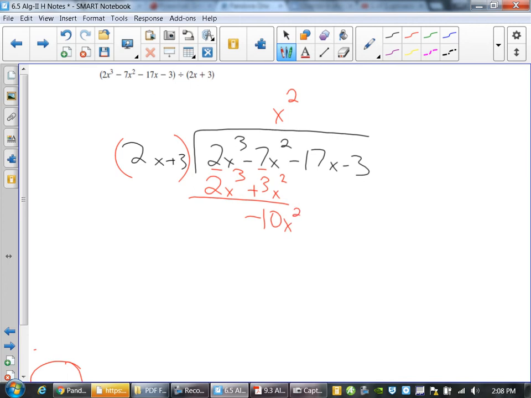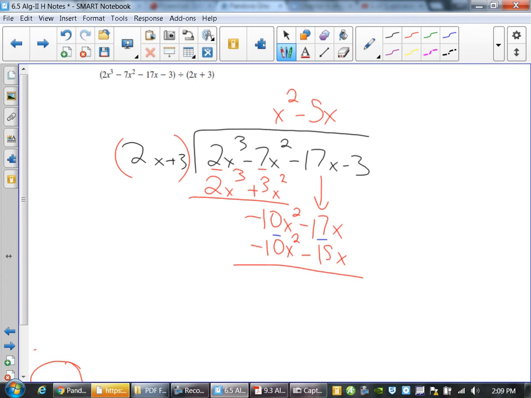And what do you think the next step is? Bring down the negative 17x, very good. And now you ask the next question. What do you multiply 2x by to turn it into a negative 10x squared? Negative 5x. Multiply it over, you get negative 10x squared minus 15x. Subtract between the two. Negative 10 minus negative 10 goes away.